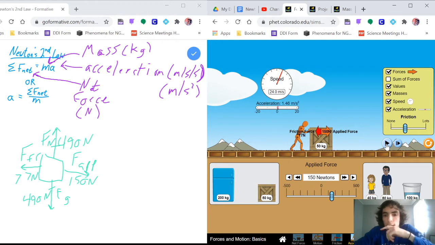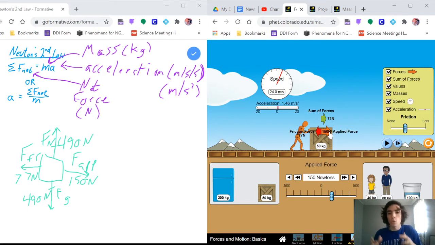Now, where Newton's second law comes in, and we'll look at how the simulation calculated this acceleration, is we first need to figure out the net force. The net force we can think of as the sum of forces, or almost like a total overall force acting on an object. But you might notice sum usually means that we add.